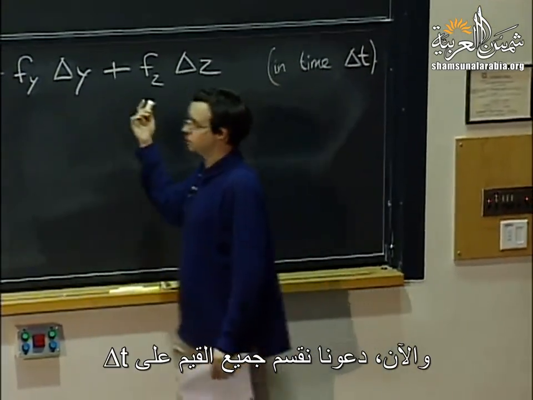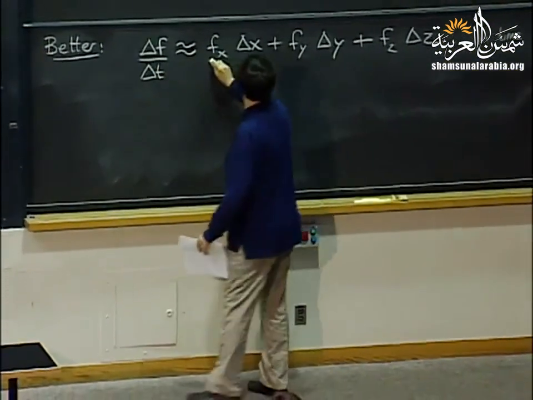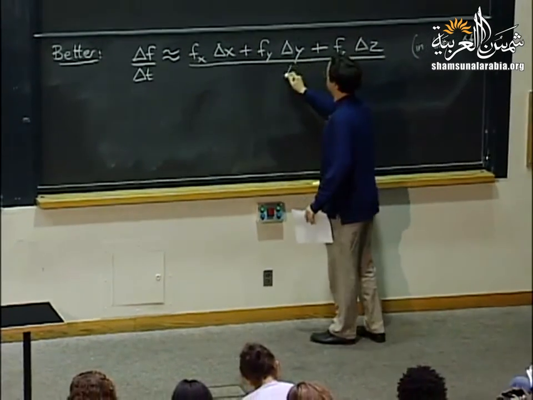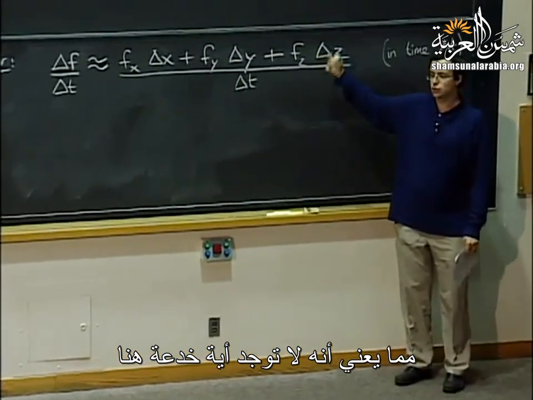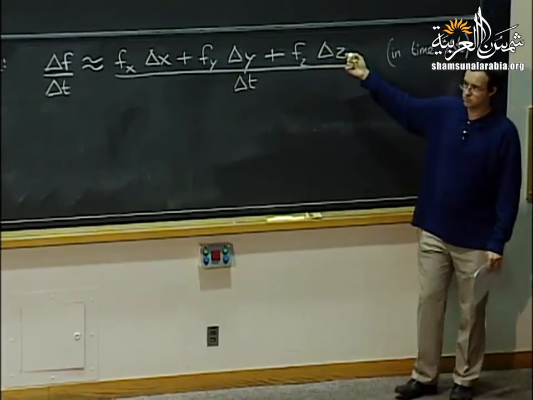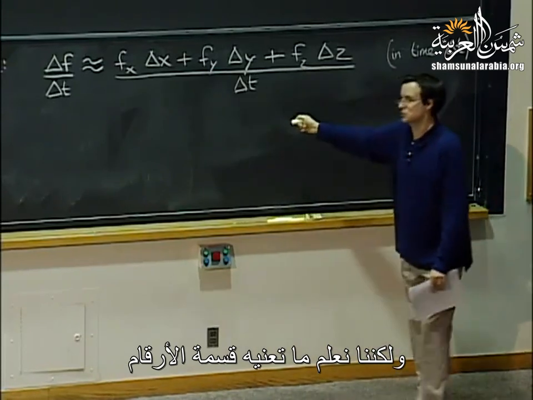And let's divide everybody by delta t. Here I'm just dividing numbers, so I'm not actually playing any tricks on you. We don't really know what it means to divide differentials, but dividing numbers is something we know.